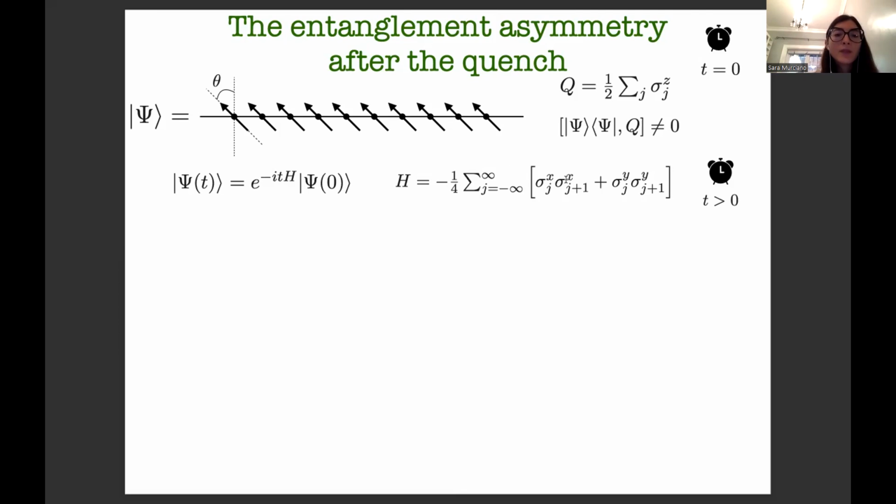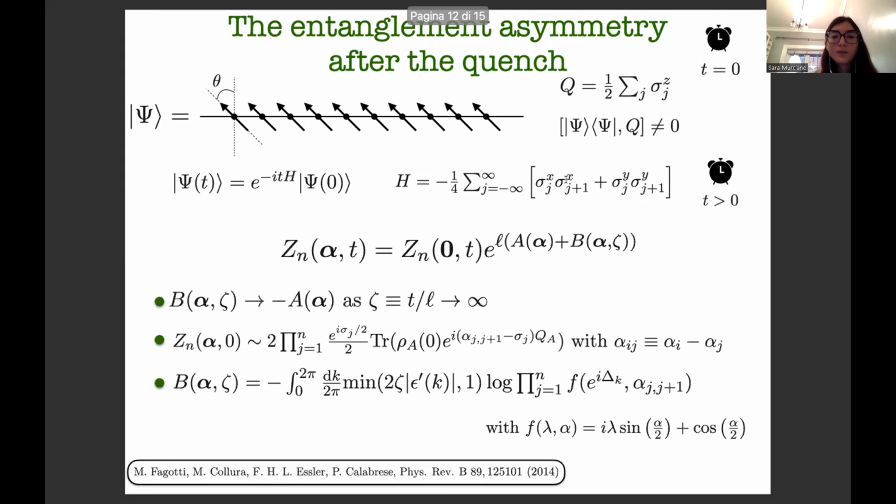And if we want to apply the recipe that I showed you before, we should first compute the charge moments. And this is what we did. The charge moments at each time t have this form.